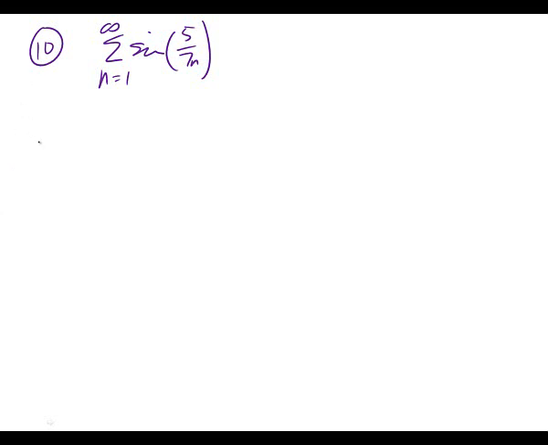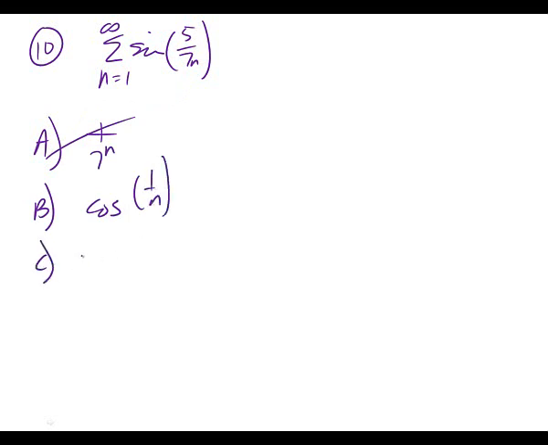So the first one in part A was 1 over 7 to the n. Is that even remotely close to what we have there? No, so I probably wouldn't use A. B has something to do with cosine of 1 over n. I might not eliminate that one quite yet.